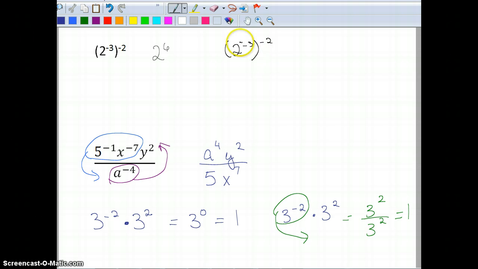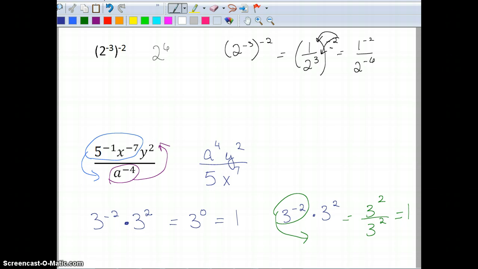You could have said, well, I can't have this negative, so that's going to give me 1 over 2 cubed, all raised to the negative 2 power. Well, that's 1 to the negative 2. This is 2 to the negative 6 because I'm still going to multiply my exponents.